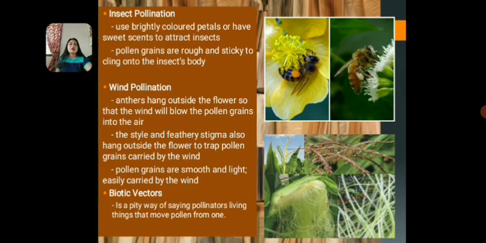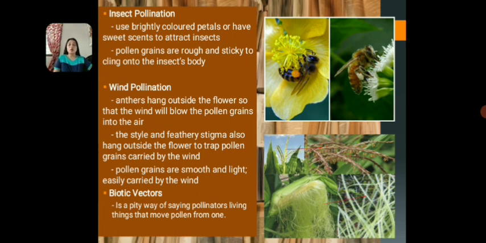What is the evolutionary significance of petals, nectar, and the fragrance of the flower? Some say they attract the pollinators. Insect pollination uses brightly colored petals or sweet scents to attract insects. Pollen grains are rough and sticky to cling to the insect's body.